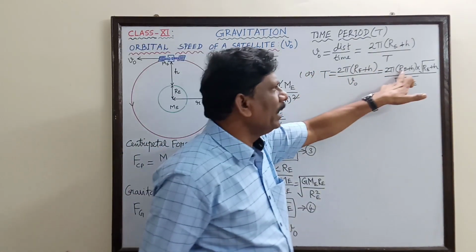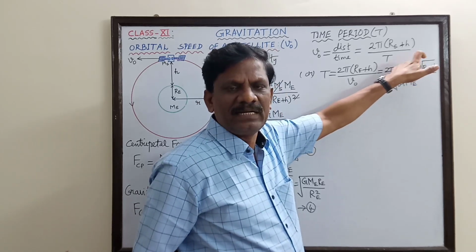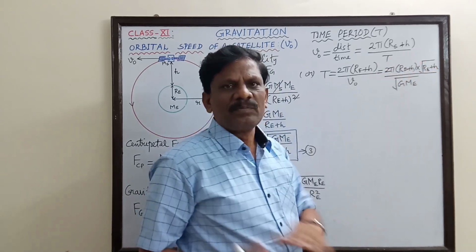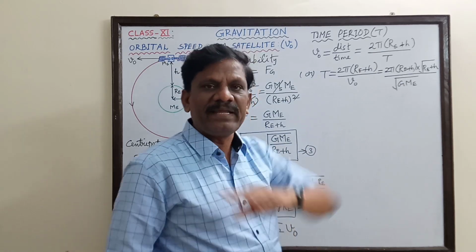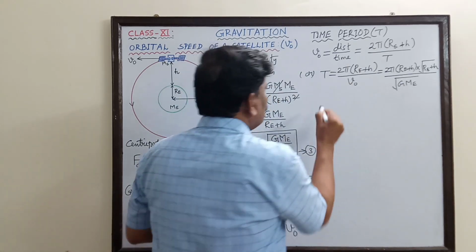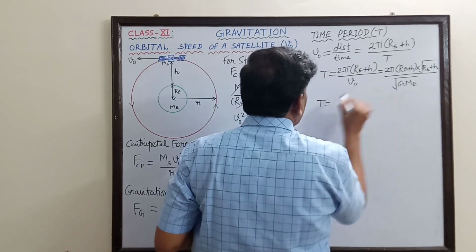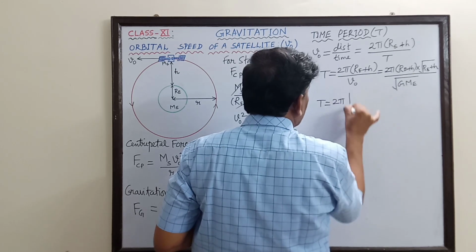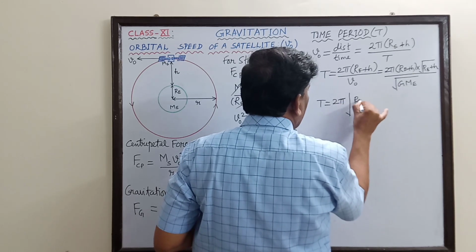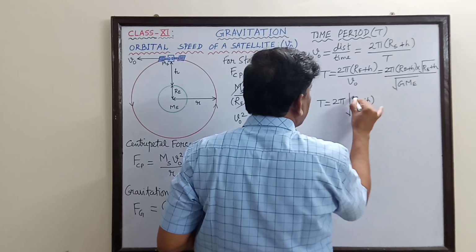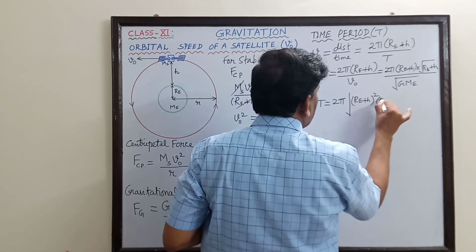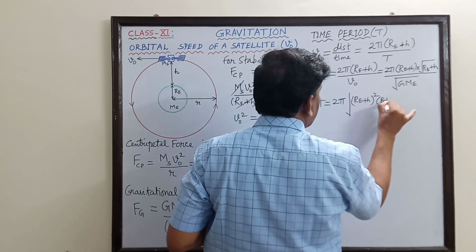Okay, children, now (Re plus H) whole power 1, is it not? When this term is pushed inside the square root, it will take a power 2. So T is now equal to 2 pi into square root of (Re plus H) whole square into (Re plus H).